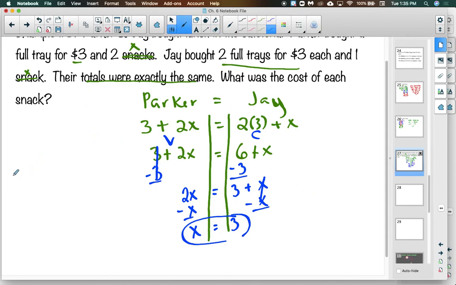So, the equation we wrote was 3 plus 2x equals 2 times 3 plus x. I'm going to substitute 3 in for x on both sides. So now I have to simplify both sides of that expression.